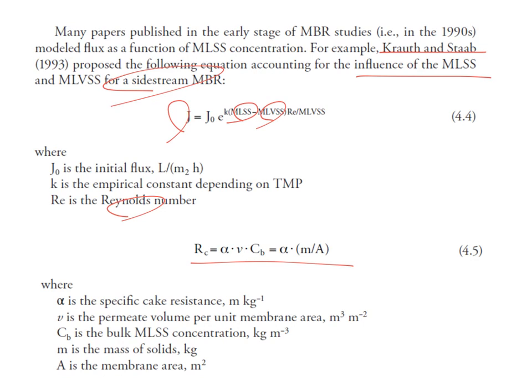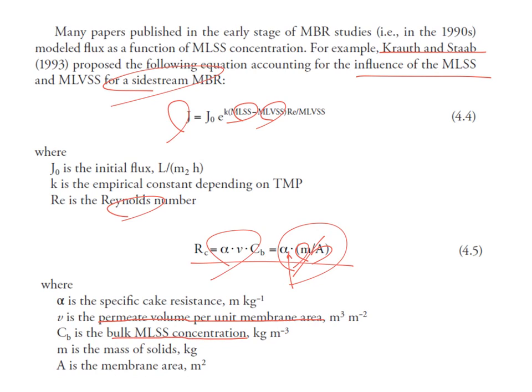The cake resistance can be expressed by this equation. We actually saw the previous equation, which included the specific cake resistance and cake mass divided by membrane area, and this has the same meaning as this one: the permeate volume per unit membrane area multiplied by the bulk MLSS concentration. Of course, the assumption is that all the MLSS in the bulk is delivered to the membrane surface and forms the cake layer.